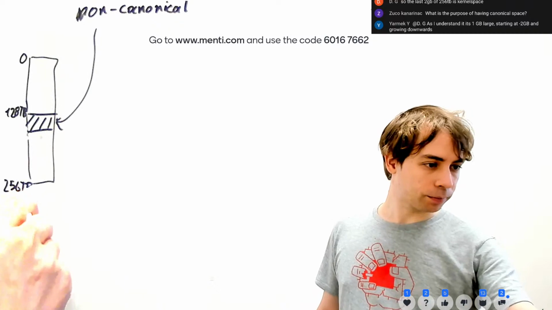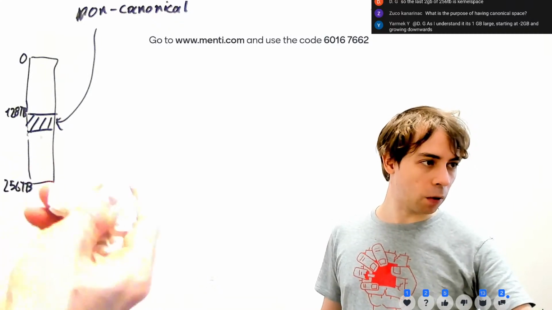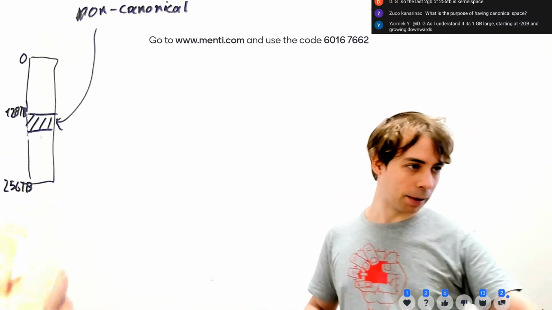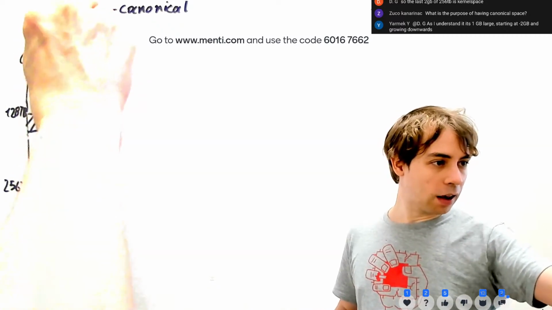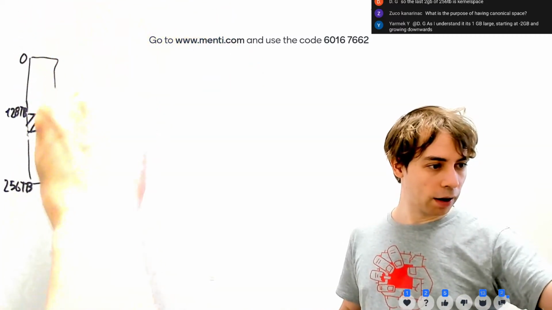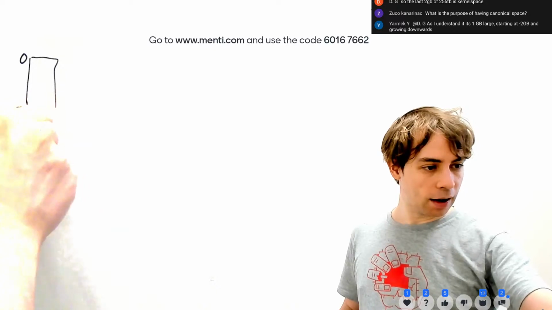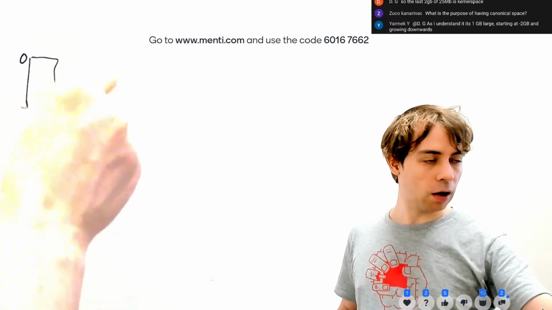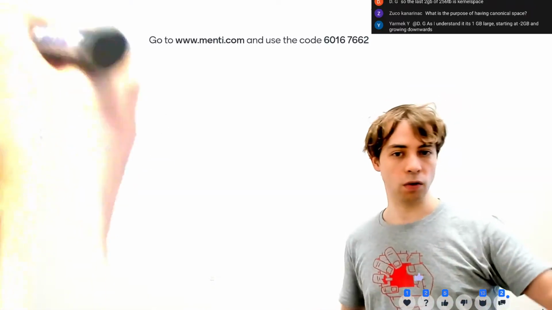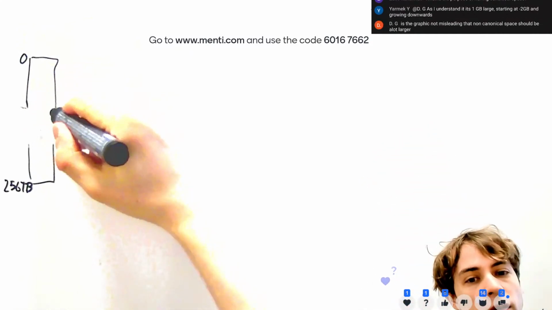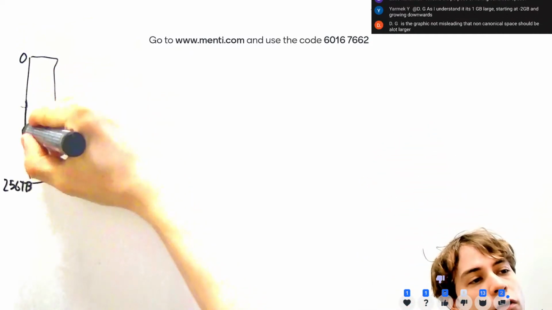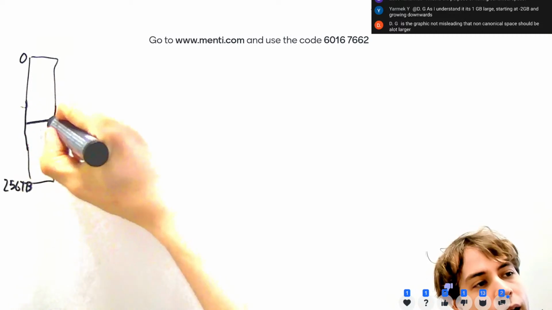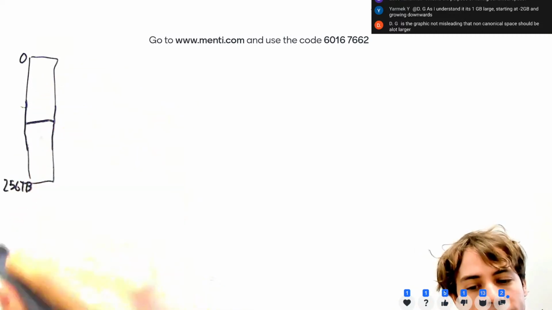Okay. So to make this very simple, we will just ignore this non-canonical area and draw it as a line in the middle. This makes it a lot easier for us to work with. So let me do that here. I will just draw this line in the middle, and this is now our non-canonical area.